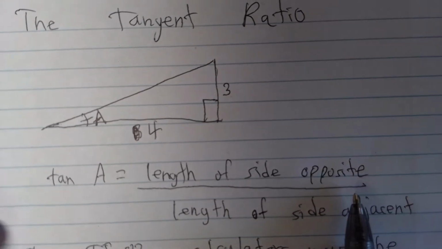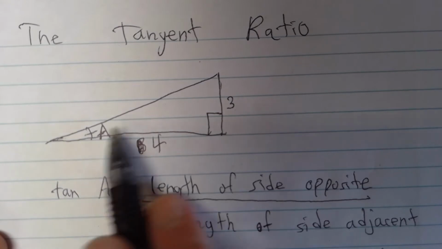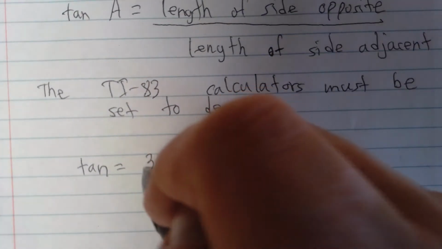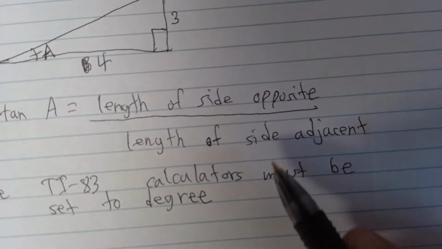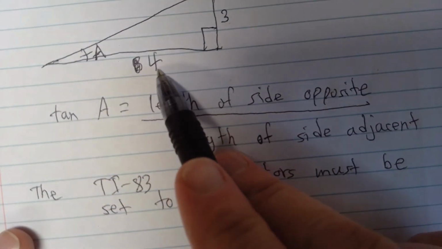Look here, length of side opposite. Now what is opposite of the angle we're trying to find? It's 3. Second part of the formula, length of side adjacent. What is beside the angle we're trying to find? 4.